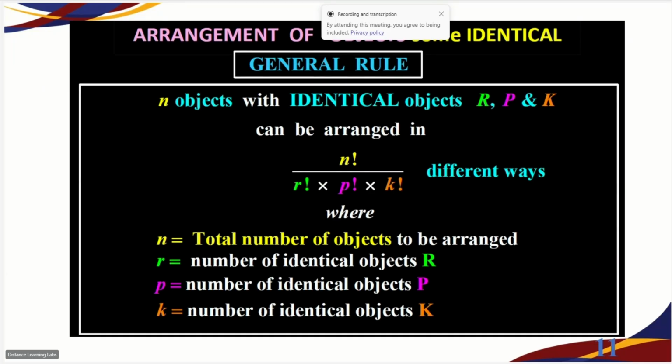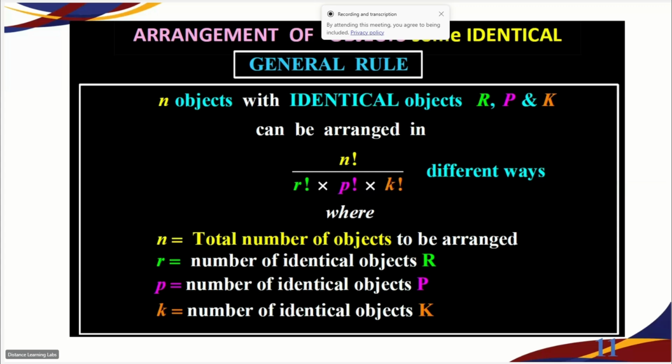The letters in the denominator represent the number of identical objects: R being the number of identical objects R, P the number of identical objects P, K the number of identical objects K.